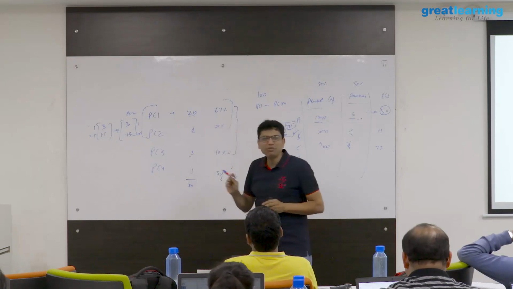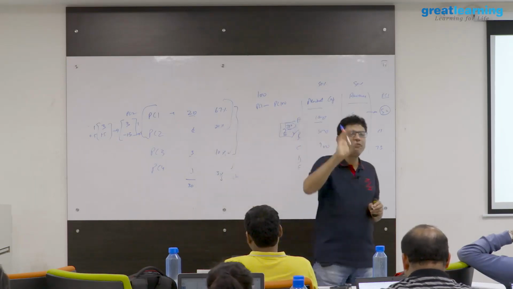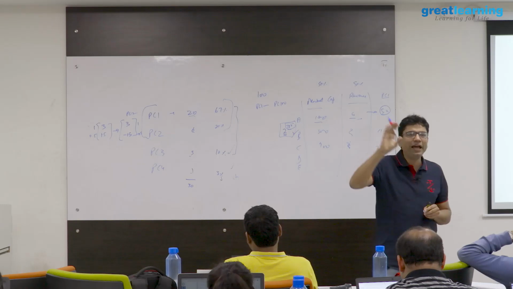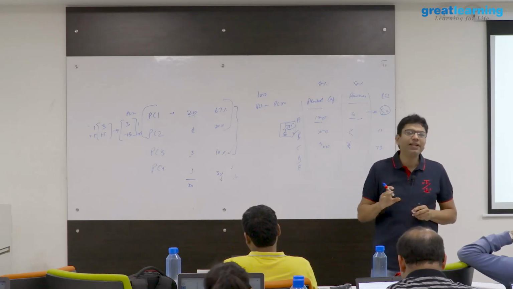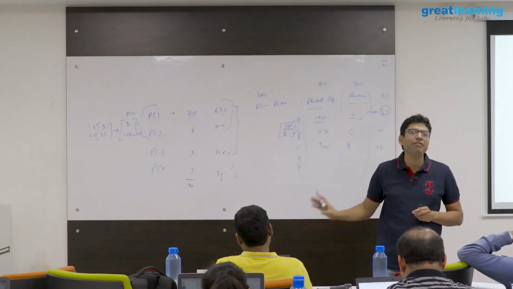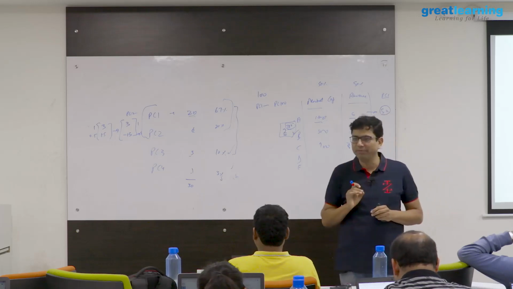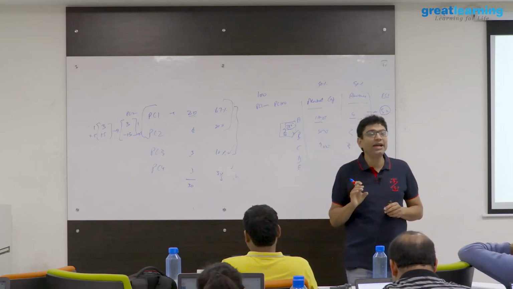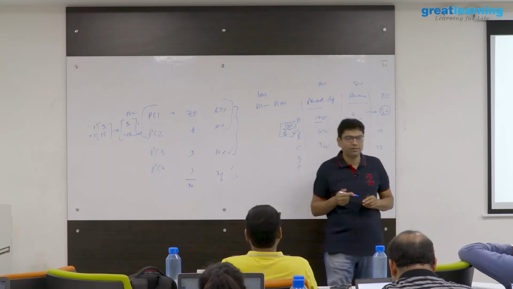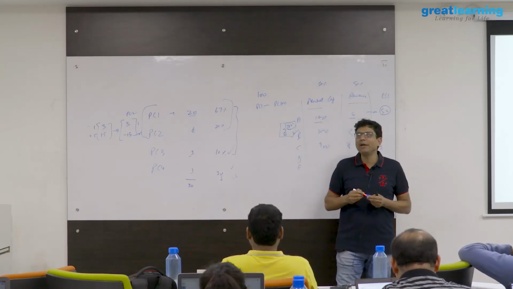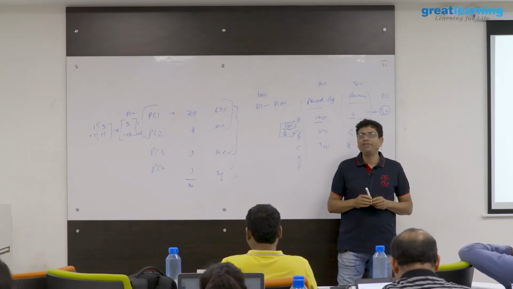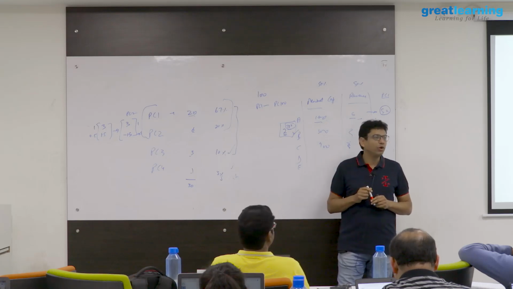Then you say, I want to capture 80%. What are the top 5? If your top 5 PCs are capturing 80% of the variance, you can throw away the other 95 PCs and just keep the first 5. Usually we try to capture 90% of the information. That's usually the goal.